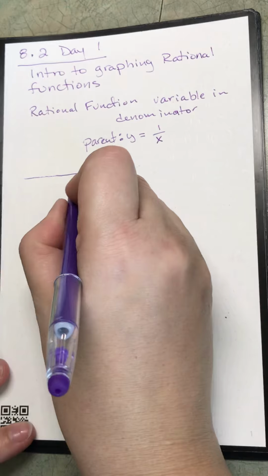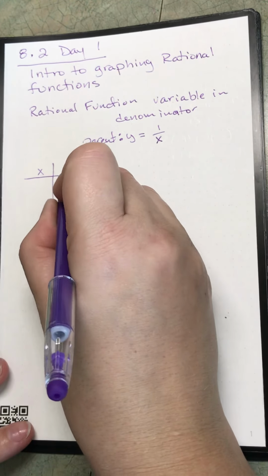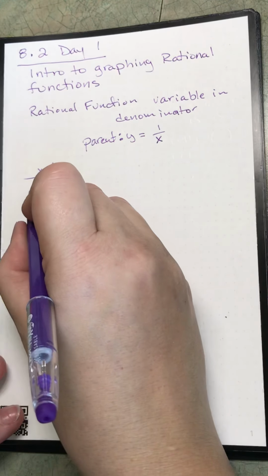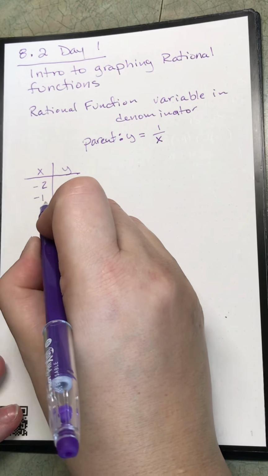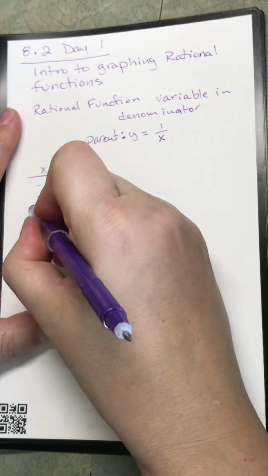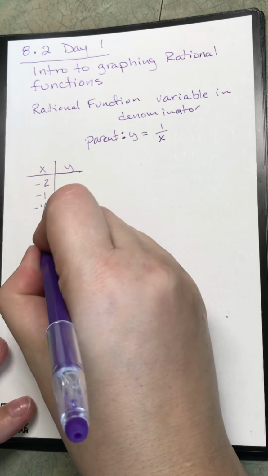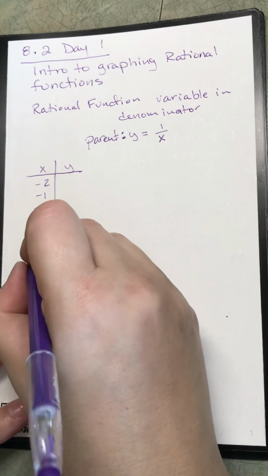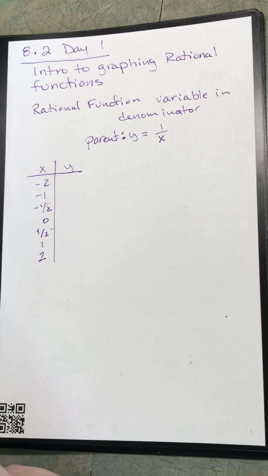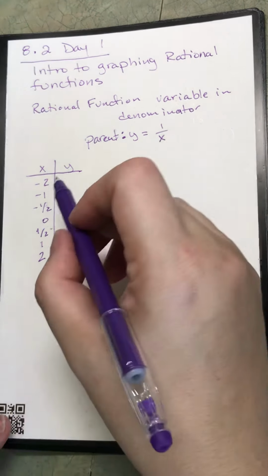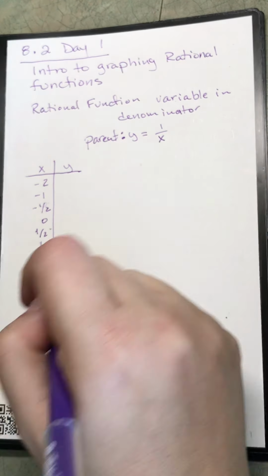So if I have y equals 1 over x, actually I'm going to add -1/2 to my table. 0, +1/2, 1, and +2. So I'm just going to start with some values, plug them in, and see where that gets me, and then we'll graph them.